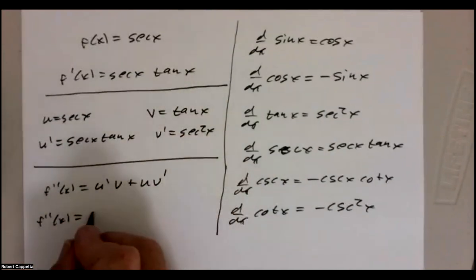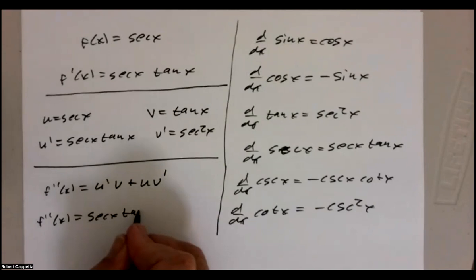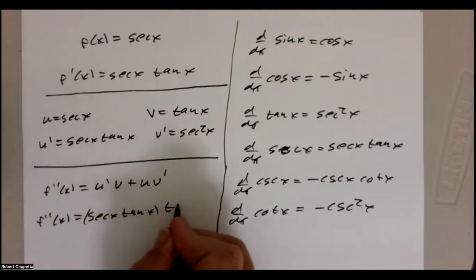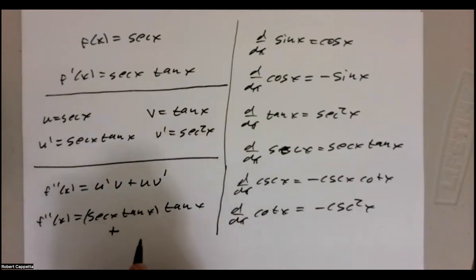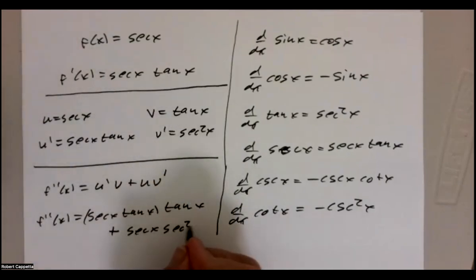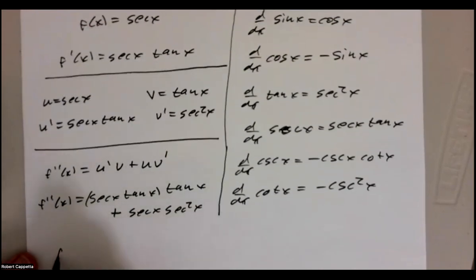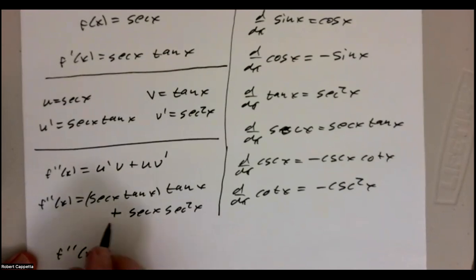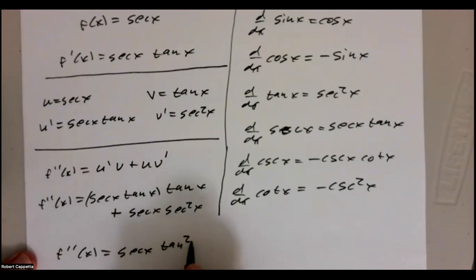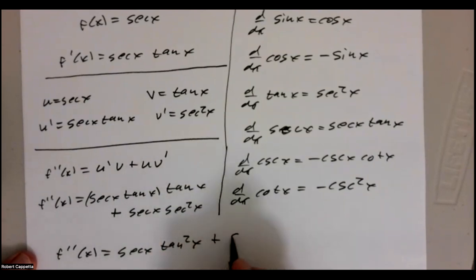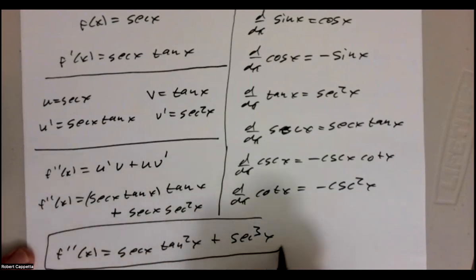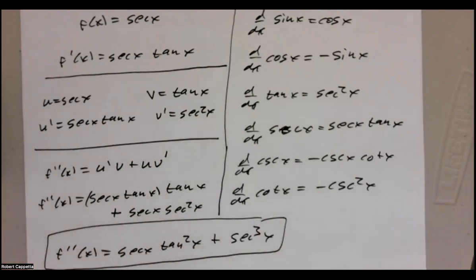Sec x tan x times tan x plus uv prime, plus sec x sec squared x. So what is our final answer going to be? Putting all that together will be sec x tan squared x plus sec squared, which would be plus sec cubed x. That's what the second derivative of secant would be.